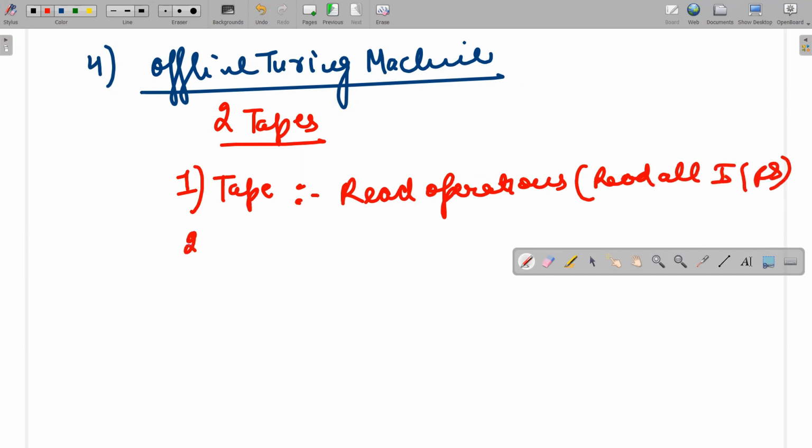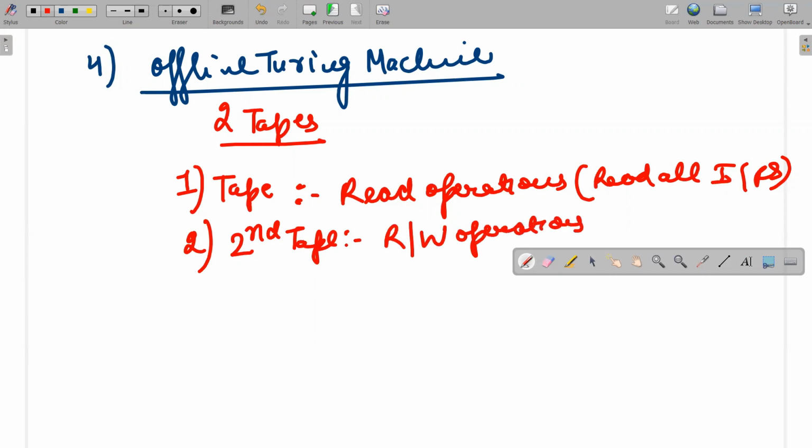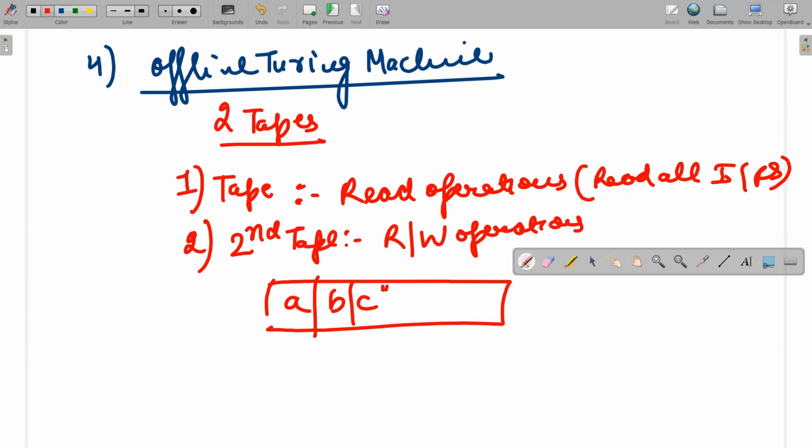The second important part is that the second tape is meant for performing read and write operations. The first tape is meant for read operations, and the second tape is meant for read and write operations. So the working of an offline Turing machine is that if we have ABCD as the input, first the control unit will perform the read operation.